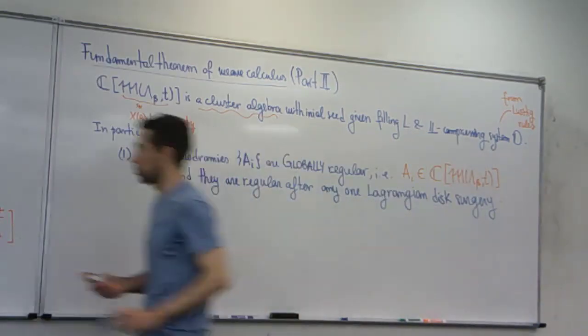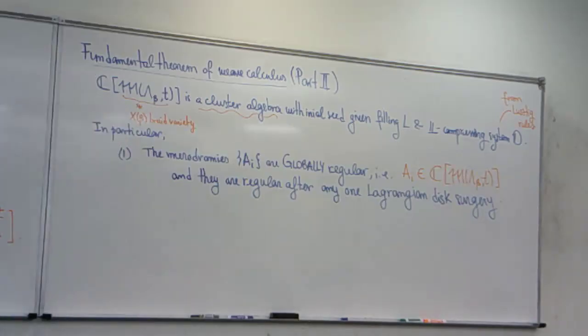So not only is it true that when I start with a filling and I get this torus chart, you can name with the L-compressing system these functions in here. These functions apparently, think about it for a second, even if you just think about monodromies or merodromies, this is something that's completely obvious for your filling.